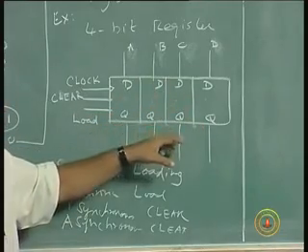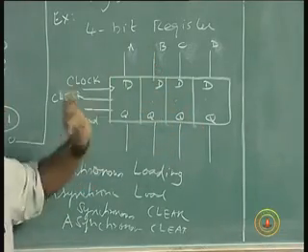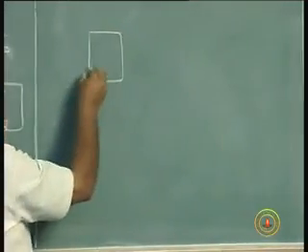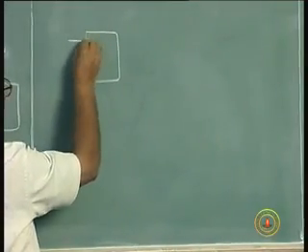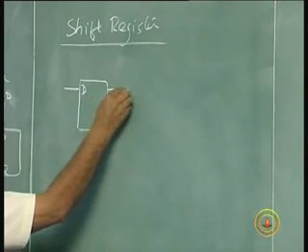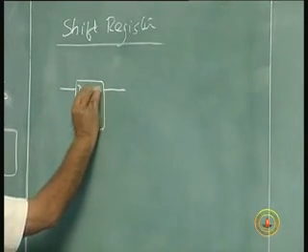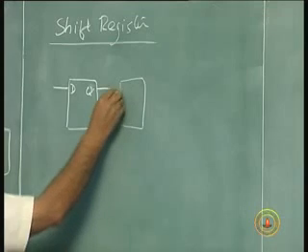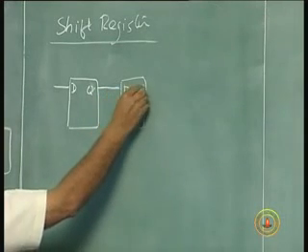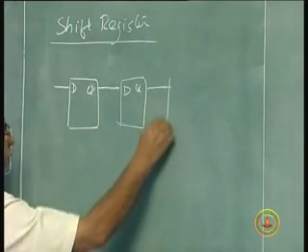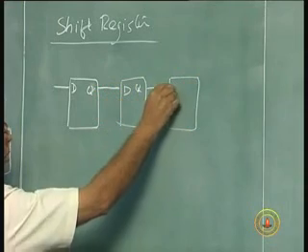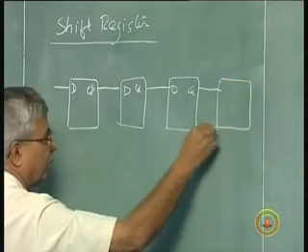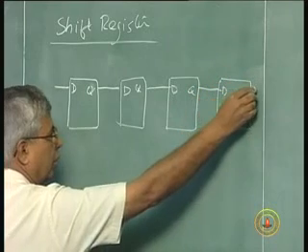Outputs are available in parallel. On the other hand, if I have an operation where I have a first D flip-flop, the output Q is fed into the second flip-flop, and the output Q is fed to the third flip-flop, and output Q is applied to the fourth flip-flop. Of course, any number of flip-flops; I'm just giving you 4 as an example.